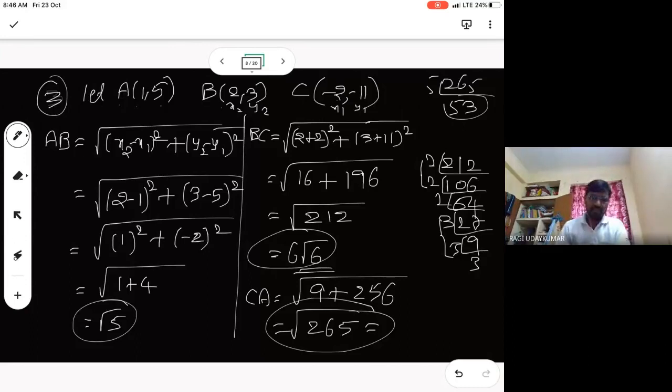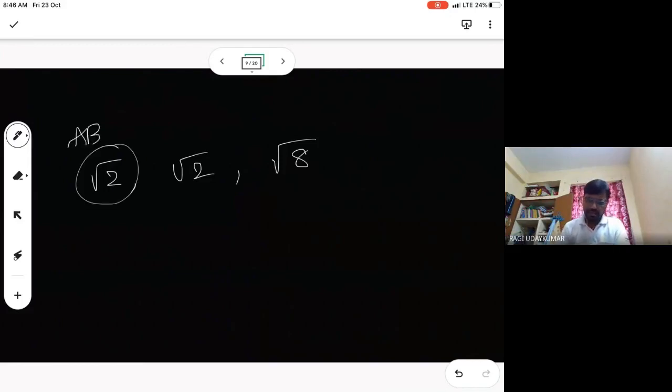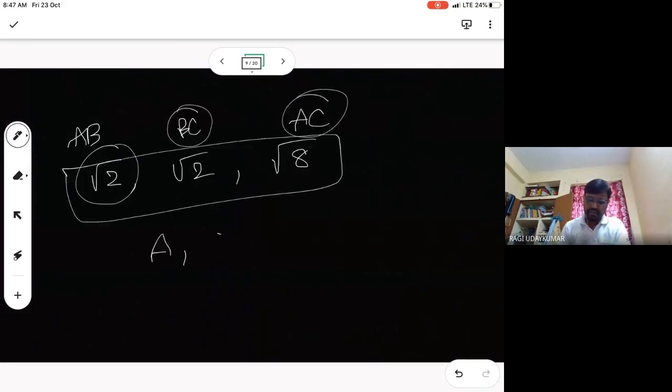Suppose sometimes you may get questions like this. Root 2 is one number, root 2 is another number, root 8 is another number. Suppose the distances are AB, BC, AC. Are these 3 points A, B, C collinear or not in this case?